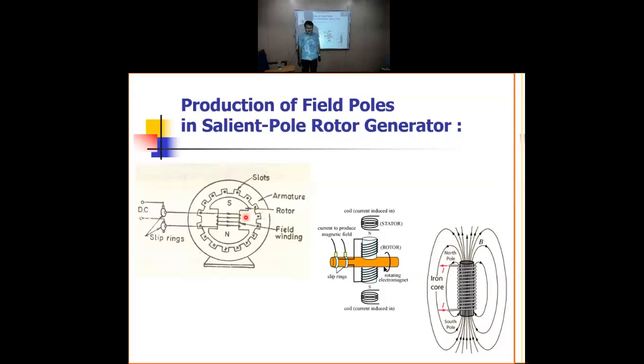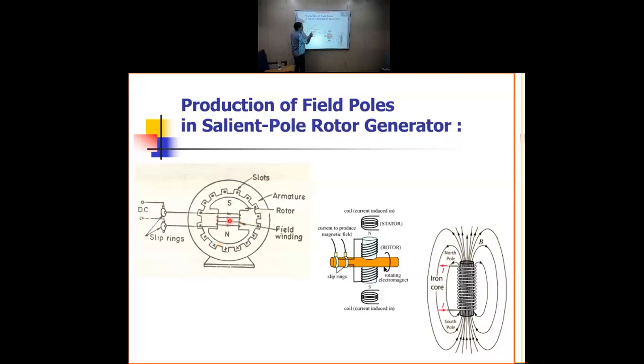So with two pole construction with salient pole structure, the voltage or power produced will be of fluctuating type, because the magnetic field distribution will not be uniform. So to compensate that, what can we do?